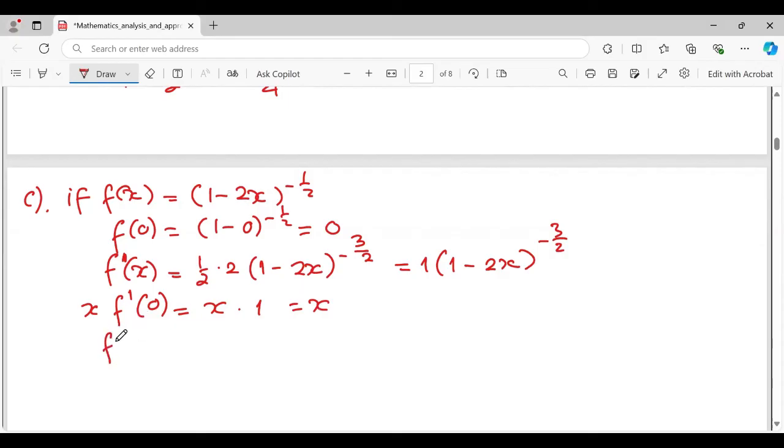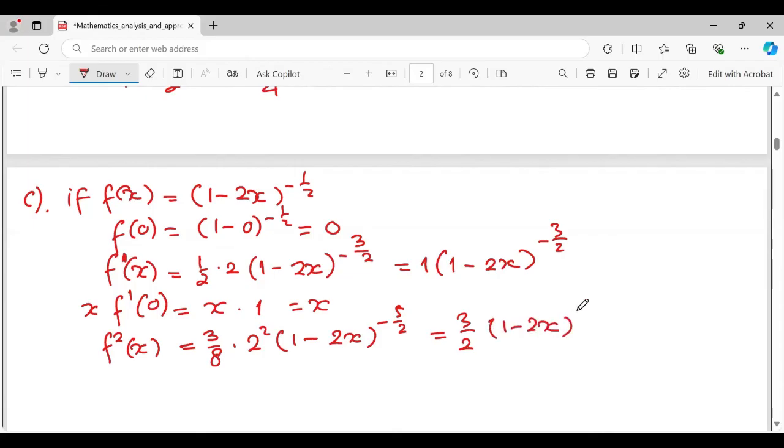And the second derivative, f^(2)(x), equals 3 over 8 times 2 squared, (1 minus 2x) to the power minus 5 half. And it becomes, this is 4, so 3 half, (1 minus 2x) to the power minus 5 half.